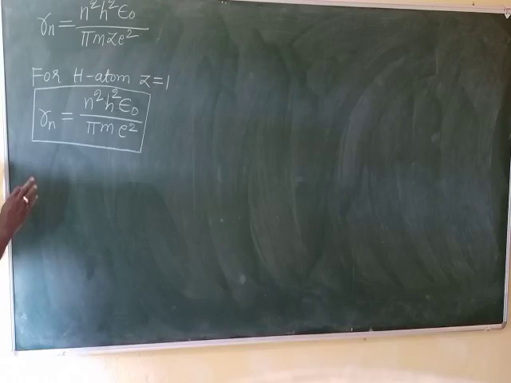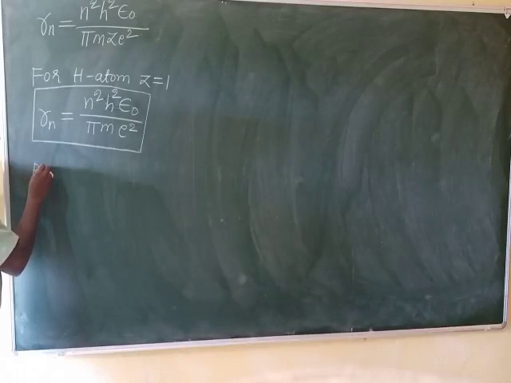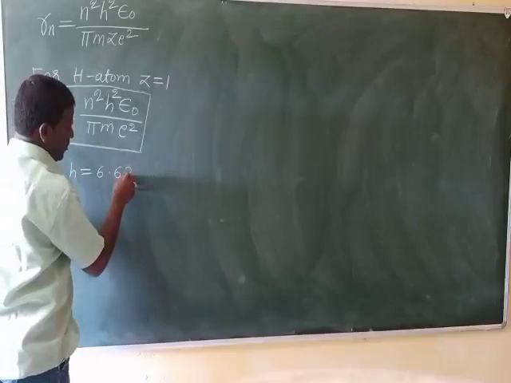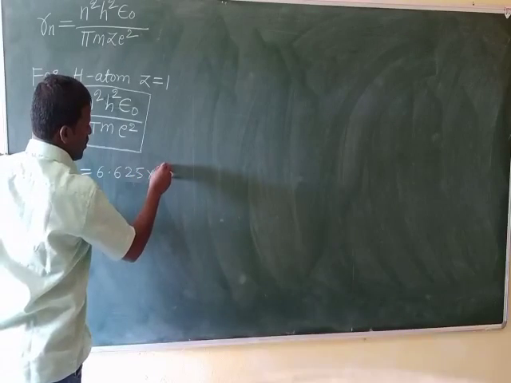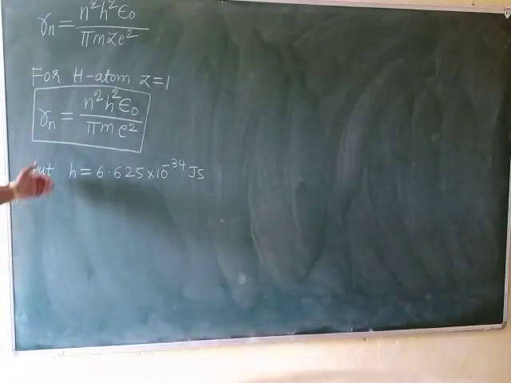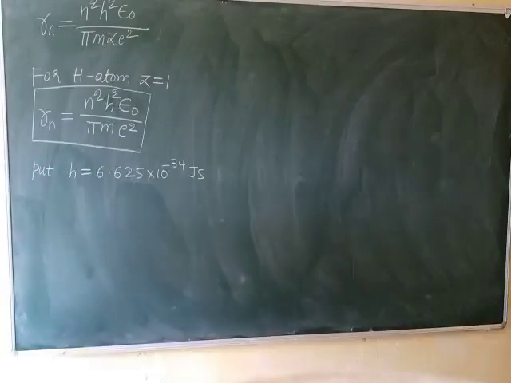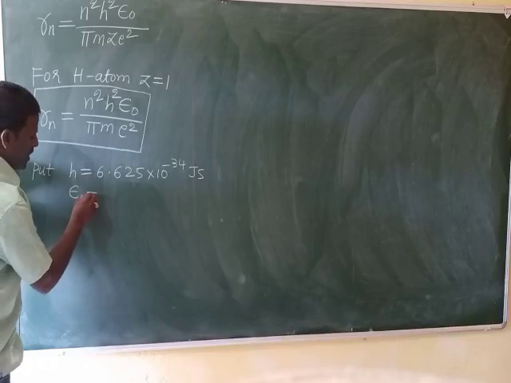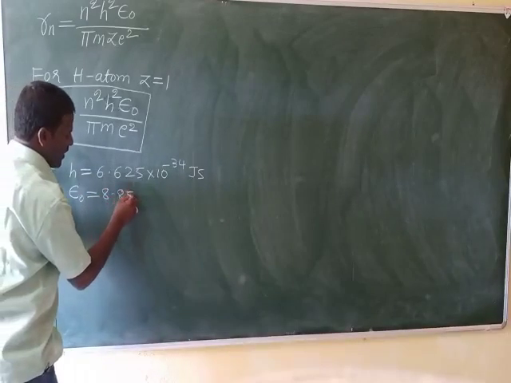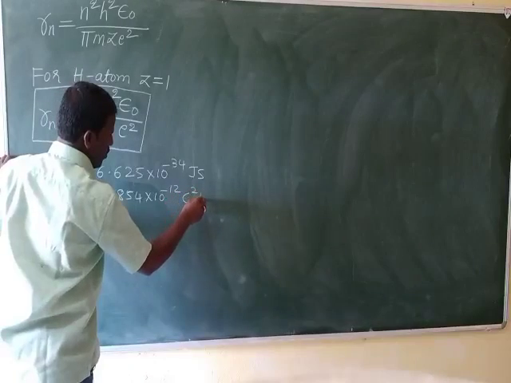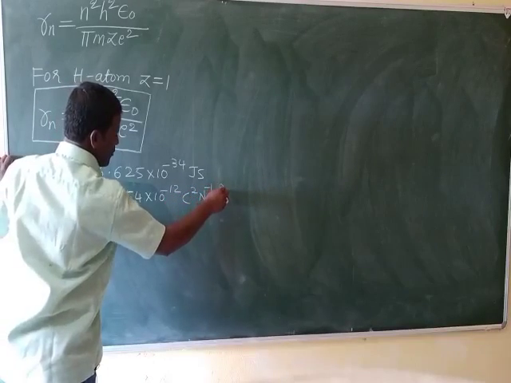Before finding the radius of the first orbit, put h, Planck's constant, equals 6.625 into 10 to the power of minus 34 joule second. Epsilon naught is 8.854 into 10 to the power of minus 12 Coulomb square per Newton per meter square.